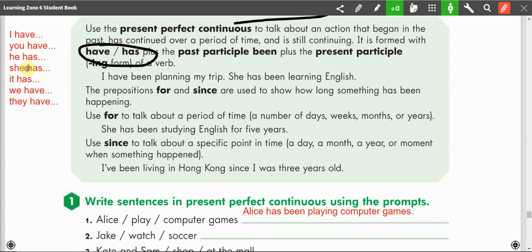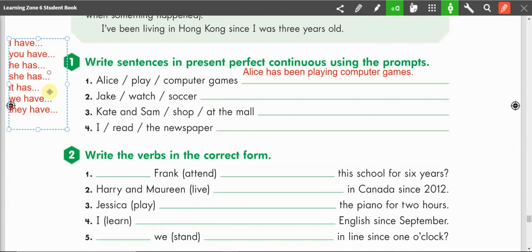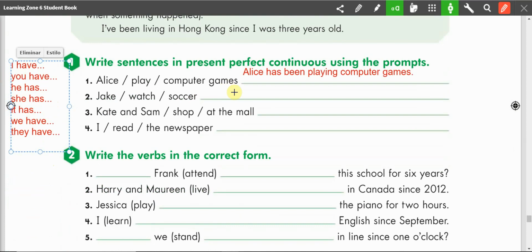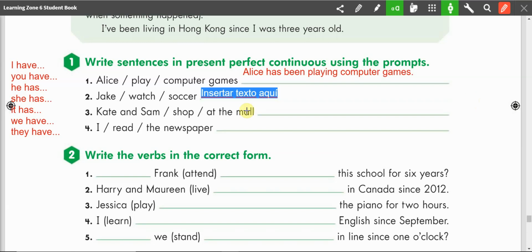I'm going to move this down so we can see it while we're working on these exercises. All right, so let's do the next one. We have our subject, Jake. Jake is he, so he has been, and then watch is watch plus ing, watching soccer.